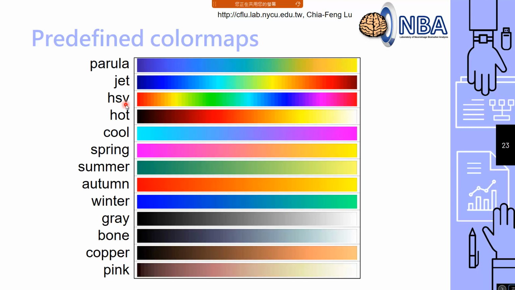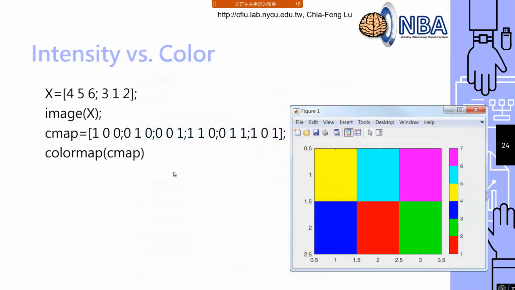If you may recall, for the midterm computer test, I did ask you to create a color map using jet, if you do remember, I hope, okay? But there are so many different things you can change, so no worry about this. Now I'm going to ask you to key in these 4 lines into a new script, okay? You should be able to see these kinds of things. So do it now.